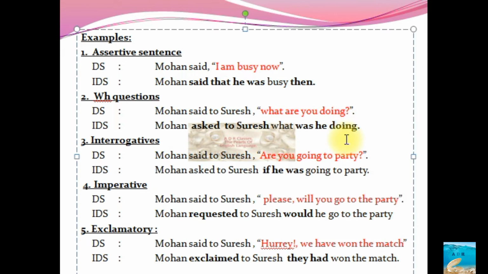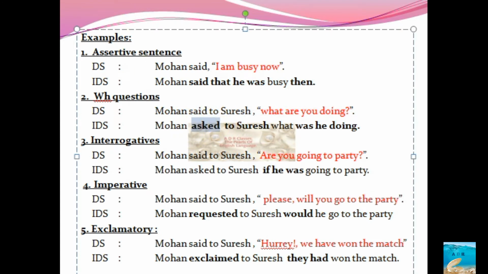So what is a WH form? Any word that starts with WH: what, where, how, even how is also WH because it has the WH letters, why, which, when, whose, whom, and so on. So it is called the WH form of sentence. See what phrase I have used here? I have used asked.